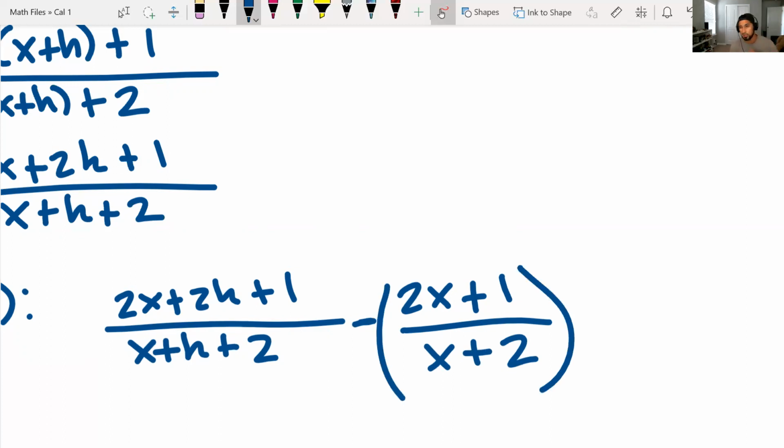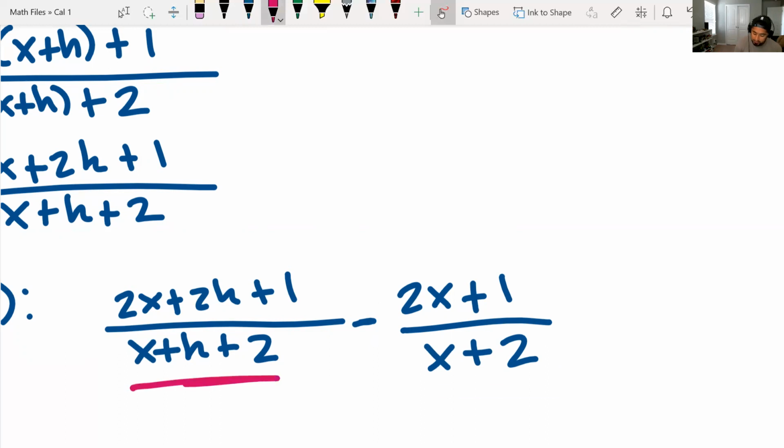This one you don't really have to, because there's something we have to do here. We want to combine the two fractions, and we know to combine two fractions you need a common denominator, which means you look at the denominators x plus h plus 2 and x plus 2, and they have nothing in common.